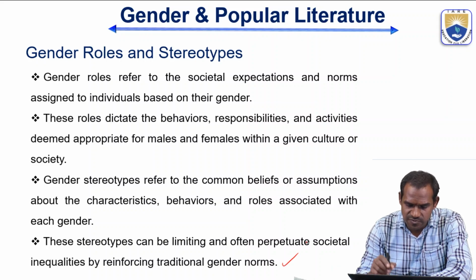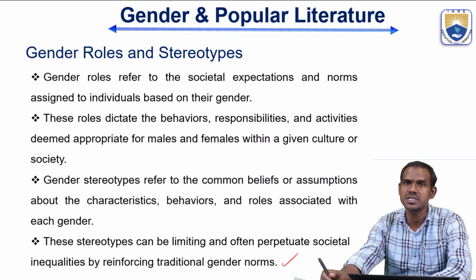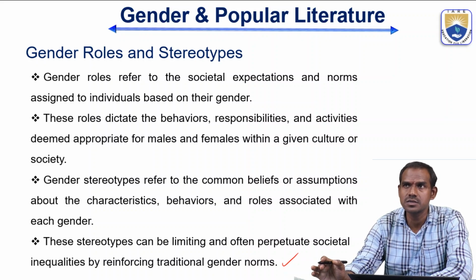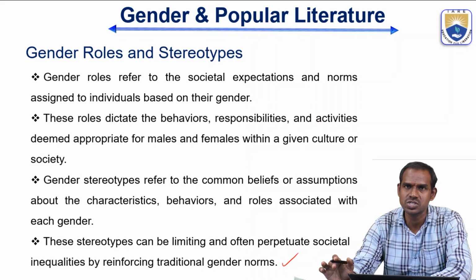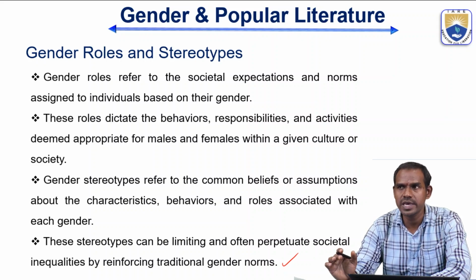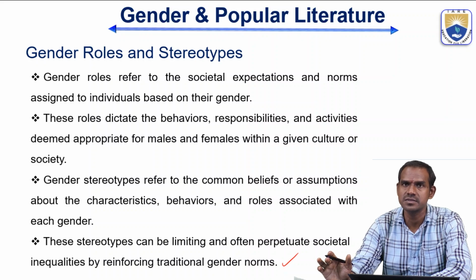So it means that one should not always stick to traditional gender norms. You should try something new, such that you should prove that gender equality exists. Then only you can achieve gender sensitization to 100% extent. One should have the capability to say that all genders are equal.